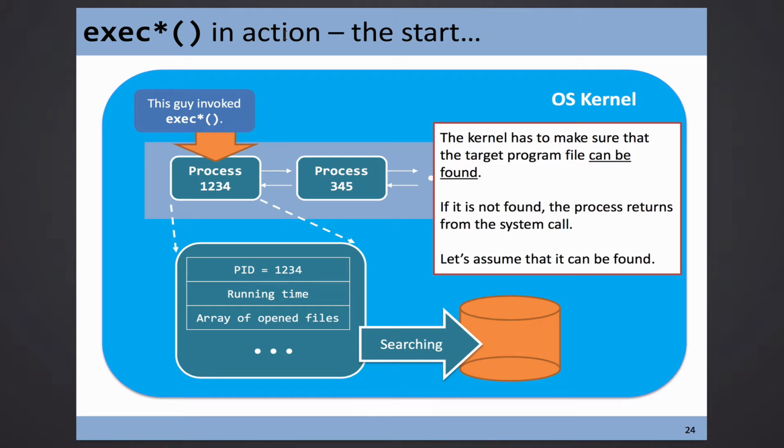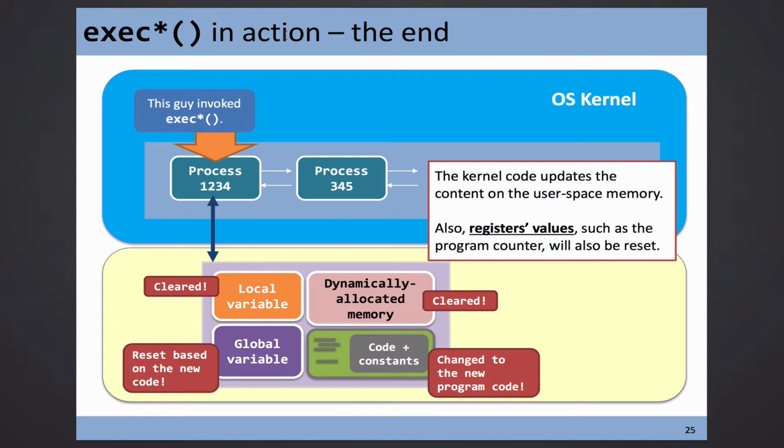And if the search is successful, then something bad happens. What is the bad thing? Because we executed another program, the original program, let's say, told me to allocate 1 gigabyte of memory. Actually, you don't need it in the new program. So the malloc memory will be cleared. Global variables totally depend on which code, right? One code has 3 globals, another code has 5 global variables, so they are not compatible.